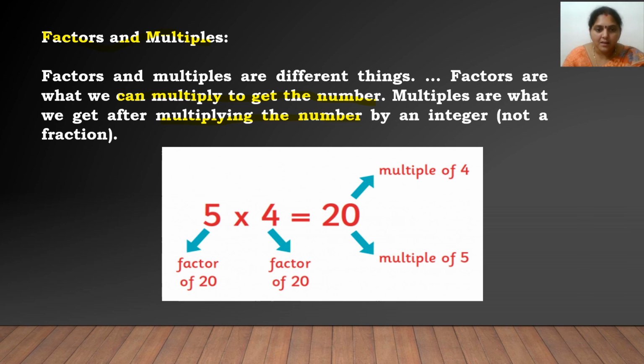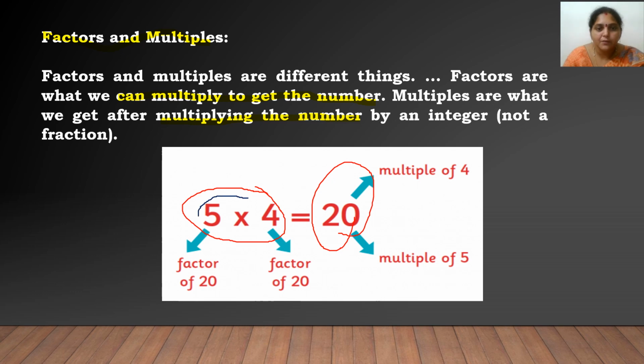Now let us understand the statement with an example. I have taken two different numbers, 5 and 4. I am multiplying 5 and 4 to get a product. The numbers we take for multiplication are known as factors.